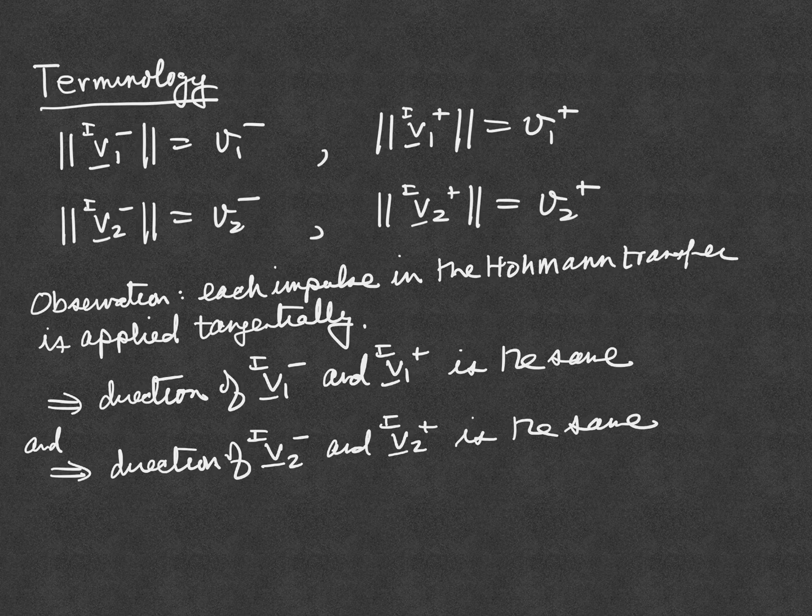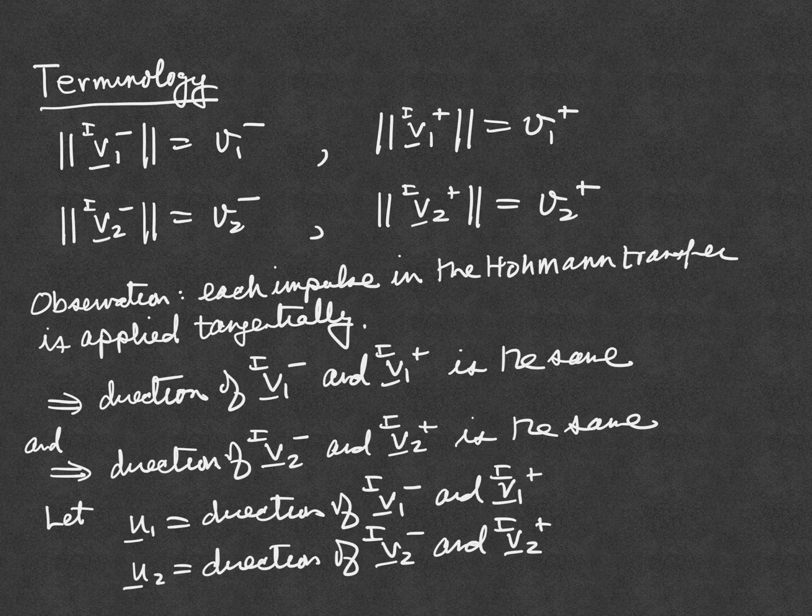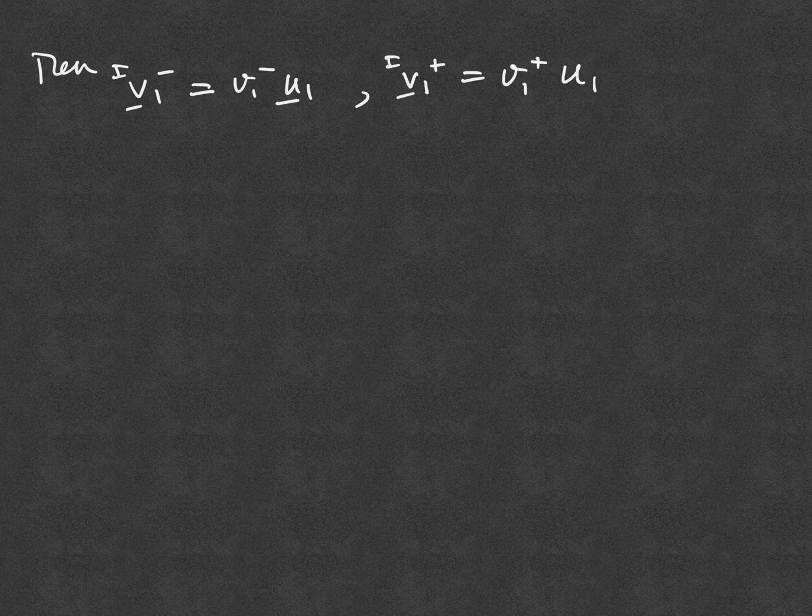So we now can simplify things quite a bit, because what that means is as follows. Suppose I let u1 be the direction of v1 minus I and v1 plus I, and I let u2 be the direction of v2 minus I and v2 plus I. Then we know that v1 minus I is equal to v1 minus, which is its magnitude, times its direction, and v1 plus I is equal to its magnitude, v1 plus, times its direction.